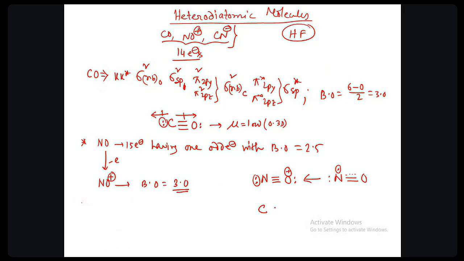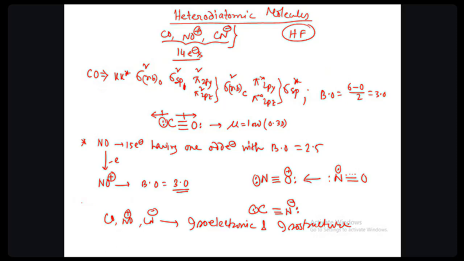So cyanide, C triple bond N, this is minus, already one lone pair is there, here also a lone pair is there. So all have a similar structure, meaning isostructural. So CO, NO plus, CN minus are isoelectronic and isostructural, so their behavior should be similar.